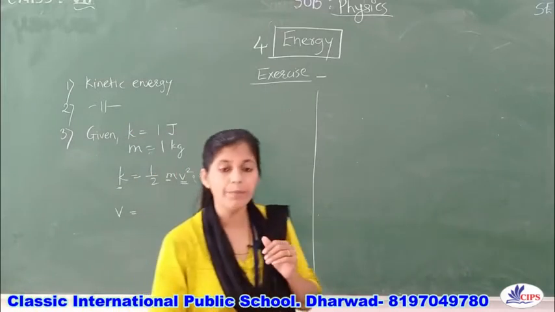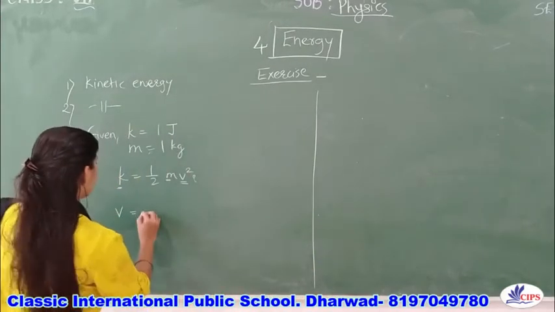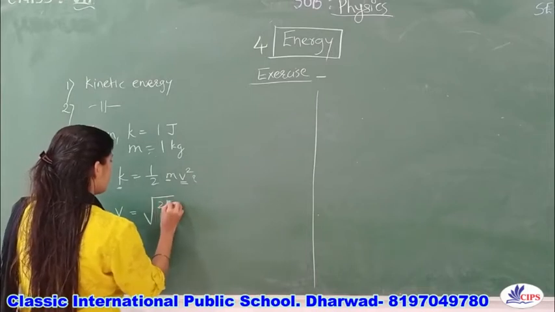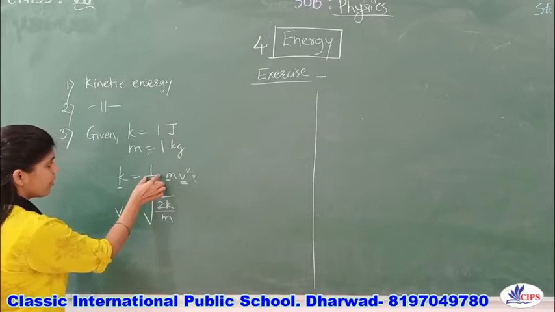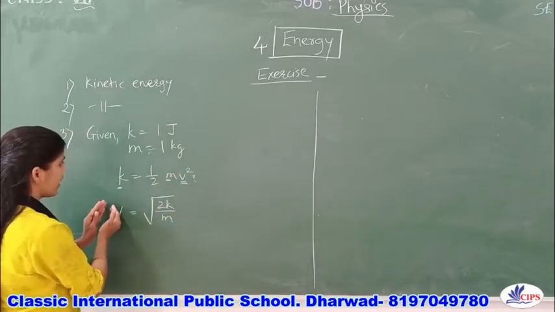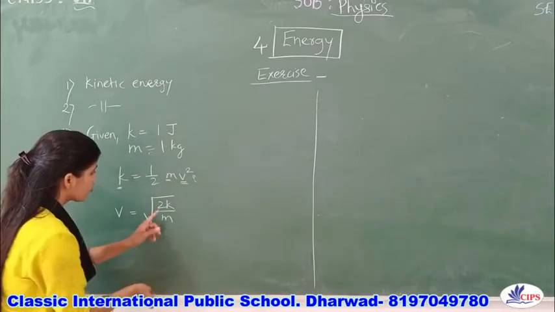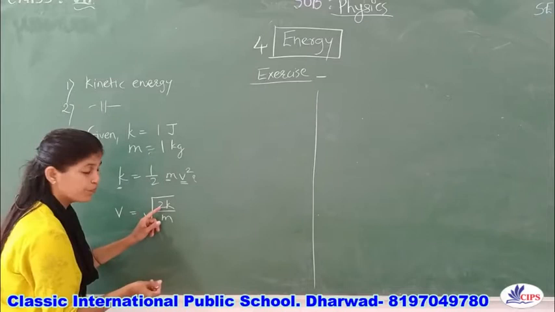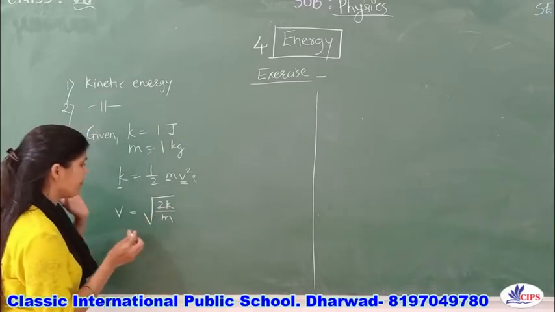It will become V is equal to the square root of 2K by m, right? Why is it so? This half will also change its place. After V comes to this side, the remaining things we will put over here. So half will become 2, it will come upstairs, then K will go here, m is here.